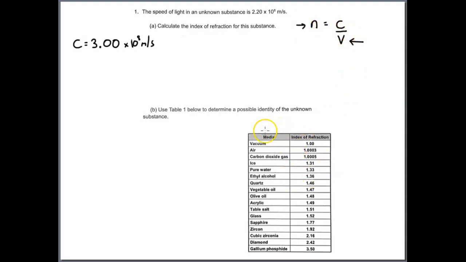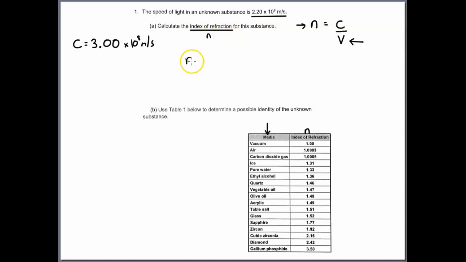So we have a list here of all these different media with their different indices of refraction. Now, the index of refraction is a characteristic physical property, so we can use it to identify the substance. In this first example, we have light moving at 2.20 times 10 to the 8 meters per second through an unknown substance. We can figure out what that index of refraction, n, is.